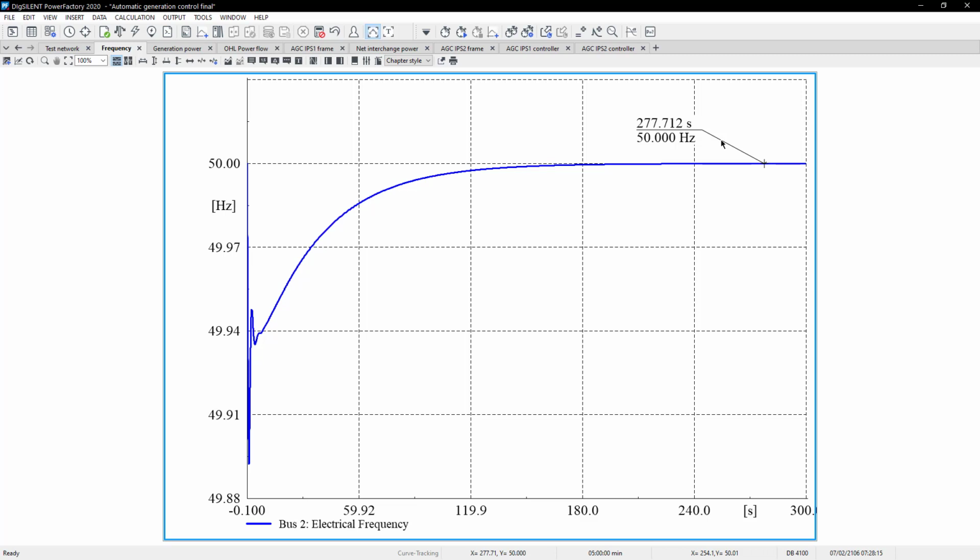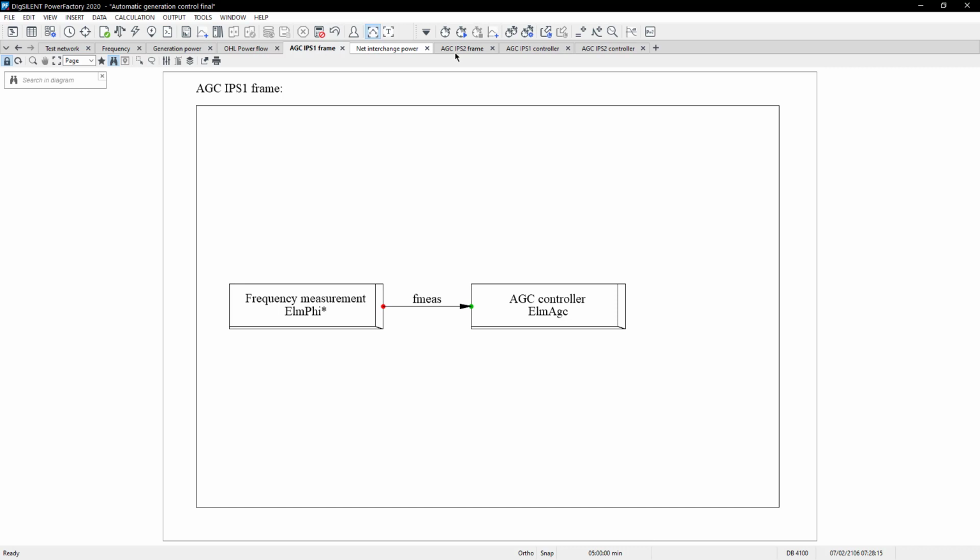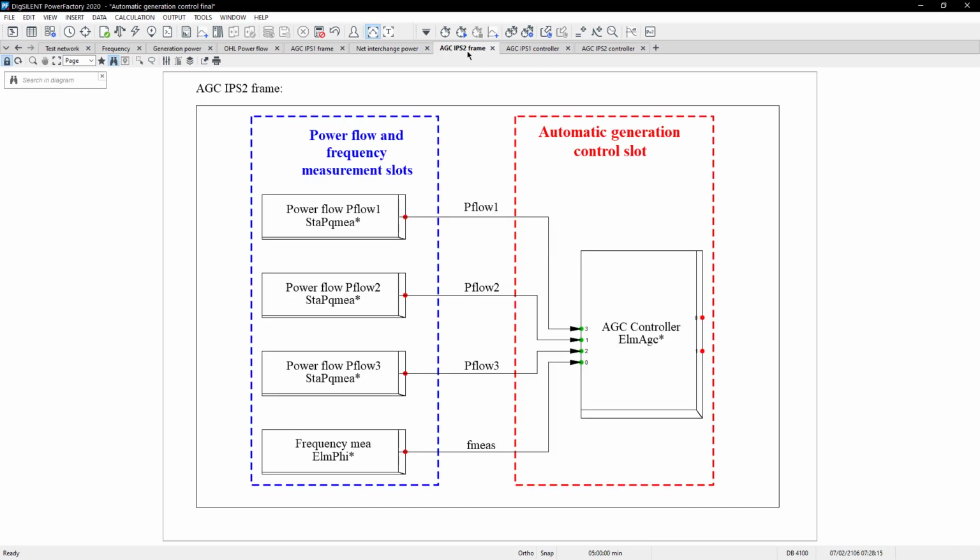But now the most important thing is, okay, how do we do that? Well, Anton and Pavlovsky spent a couple of months doing this. Basically they used DSL, which is the acronym for DIgSILENT Simulation Language.